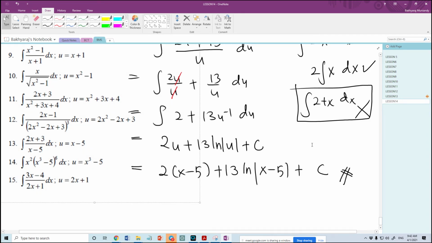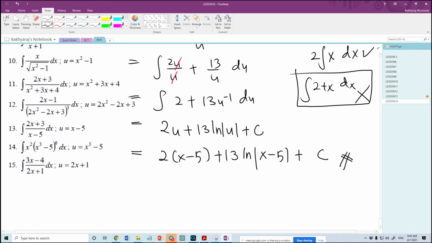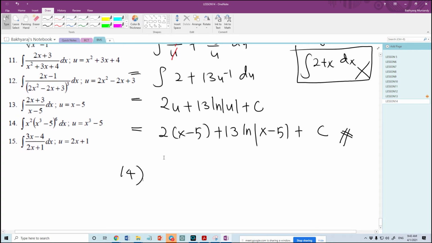Next, number 14. Sambung 14. So integrate x square times x power of 3 minus 5 power of 6 dx.